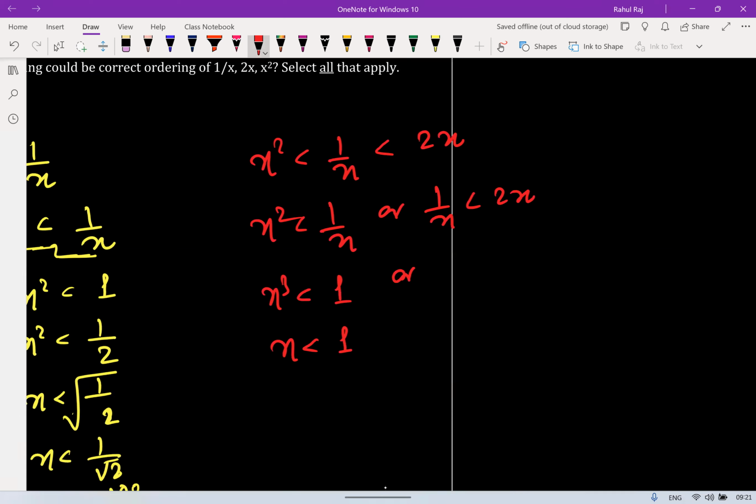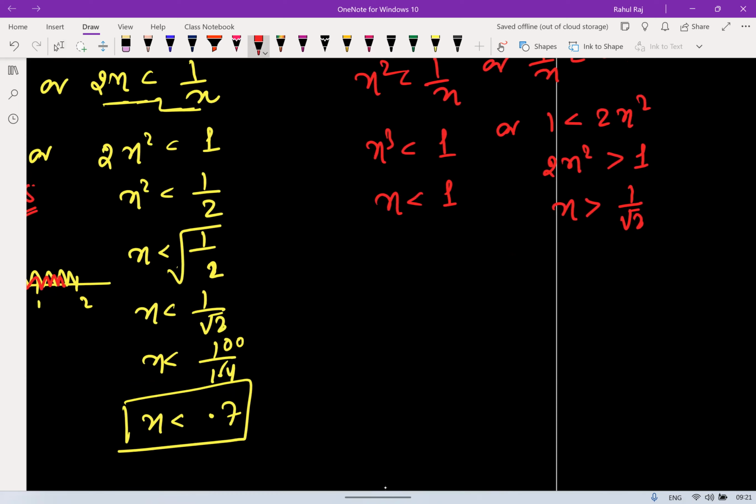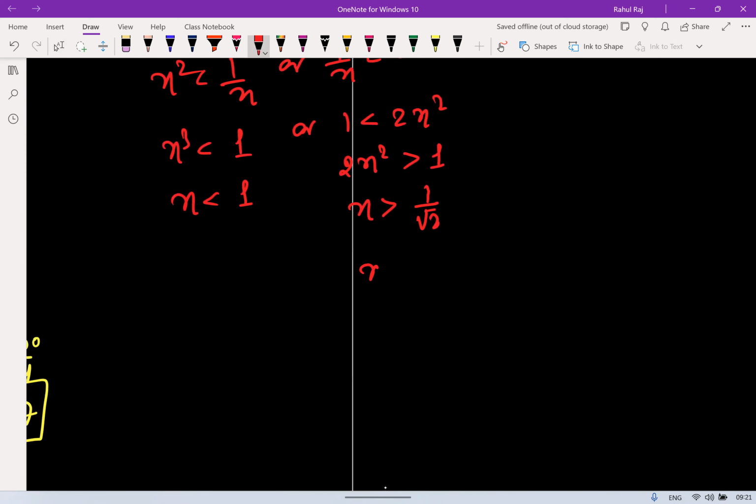What I can do, Alexa, 1 is less than 2x square. That is nothing but, can I say 2x square is greater than 1? Exactly. Now, can I say here x is greater than 1 by root 2? We have just found out the 1 by root 2 value, x is greater than 0.7. Agreed? Now here you see x is less than 1, x is greater than 0.7.